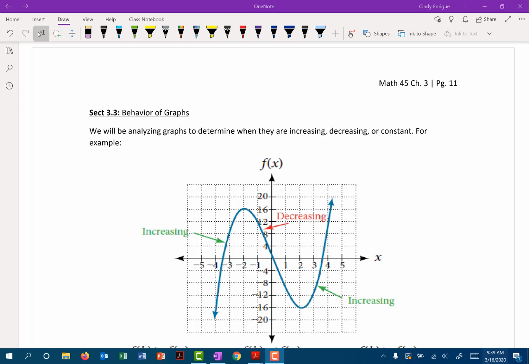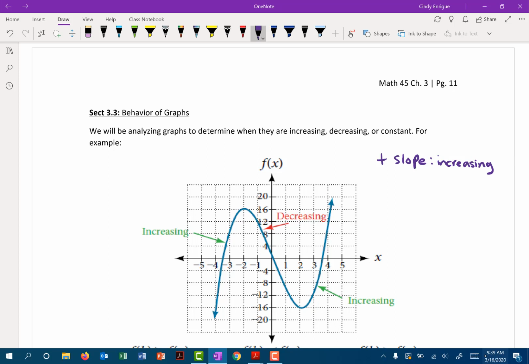So here we go. For section 3.3, we want to be looking at the behavior of graphs. We're going to be analyzing graphs to determine whether they're increasing, decreasing, or constant. And really, you just want to look at the slope. If you have a positive slope, then you know that you are going to be increasing.